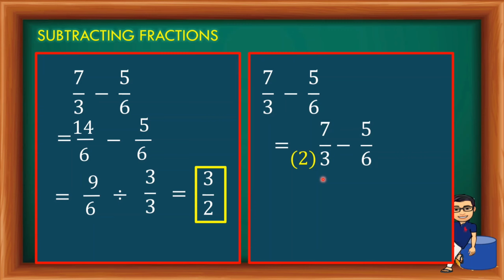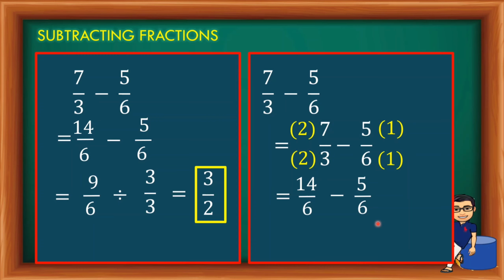So, what you multiply to the denominator will be multiplied to the numerator. Kaya, i-multiply din natin sa 2. On the other side, so, saan i-multiply ang 6 para maging 6? Siyempre, sa 1. So, ganun din sa numerator. So, pwede na natin i-multiply.